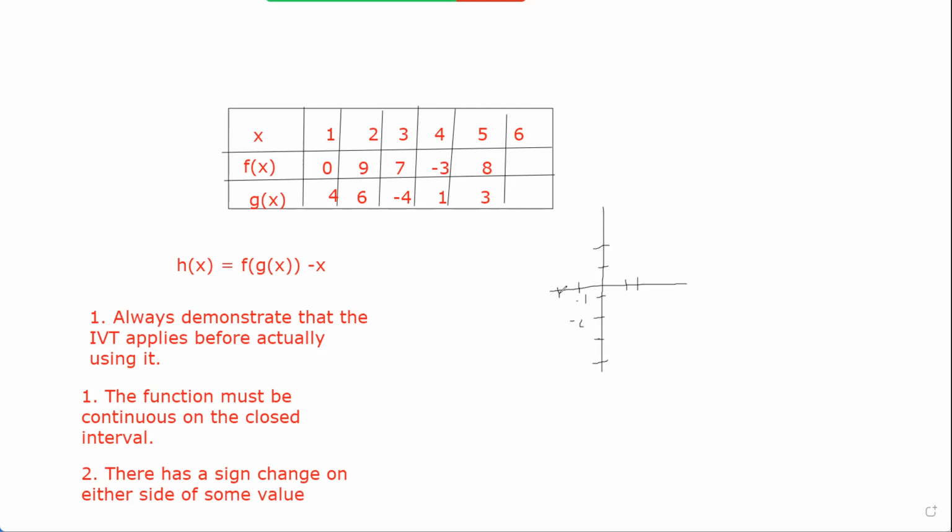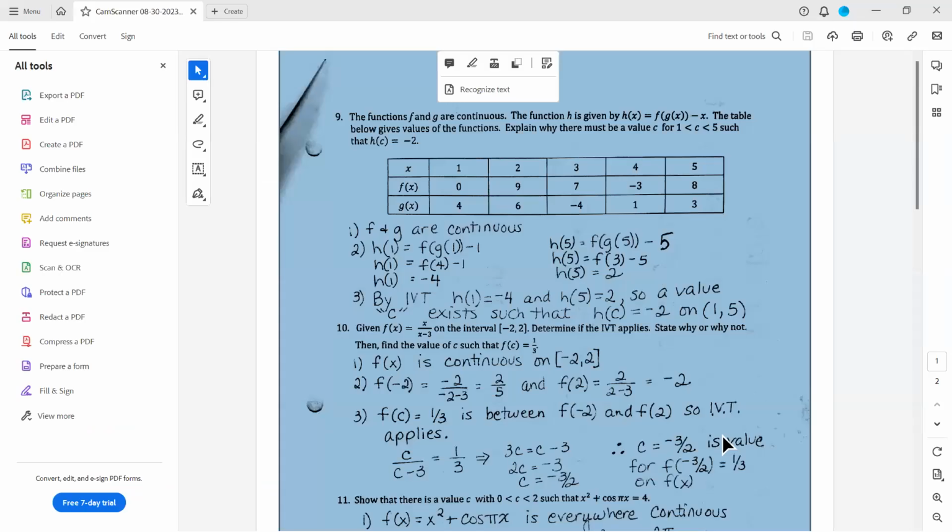But if in this value, it went from -4 down here. So let me get a thicker line. Okay. It went from -4 right here to whatever that value was that I had. -4 and 2, right?